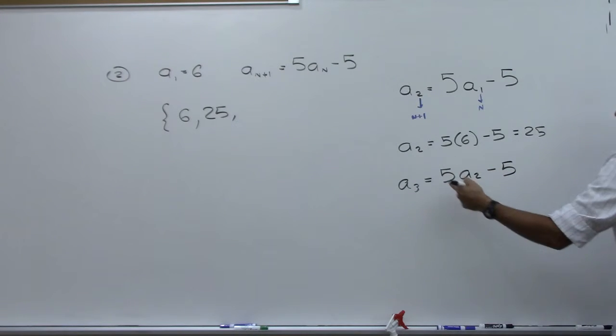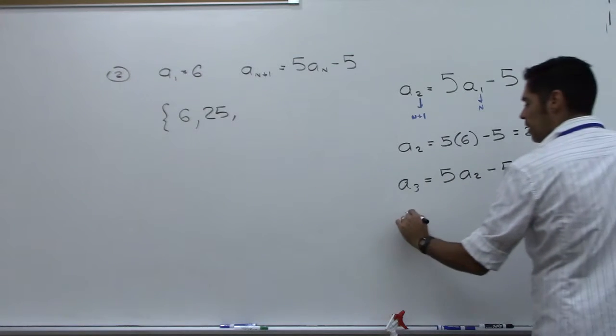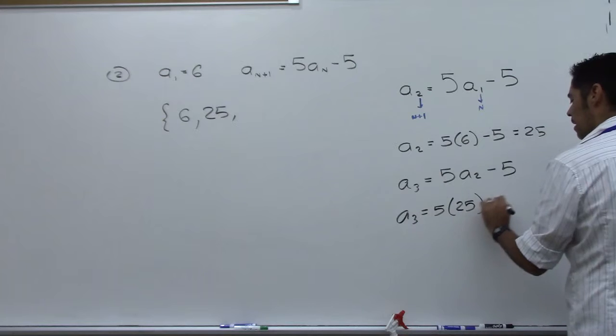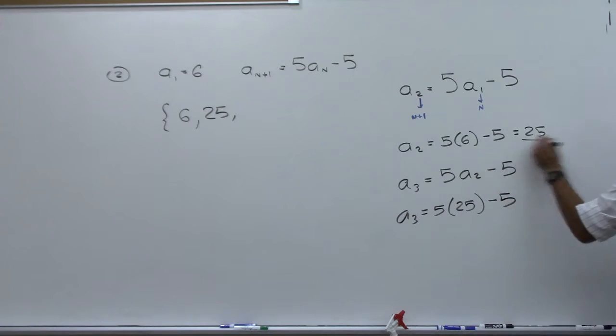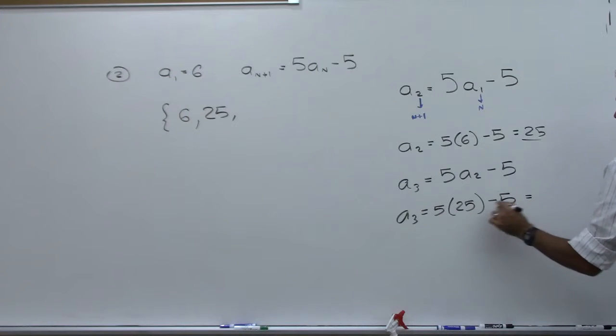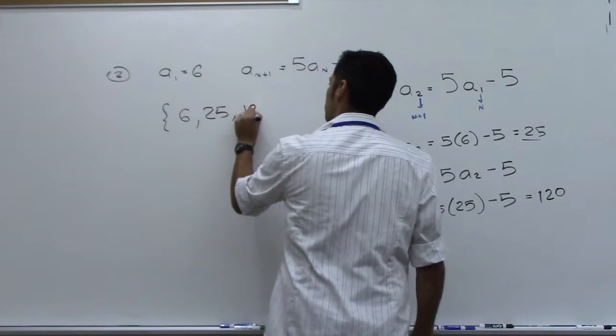So again, to find the next number, I'm going to use the previous one. So a sub 3 should be 5 times 25 minus 5. 5 times 25 is 125, minus 5 is 120. So the next number should be 120.